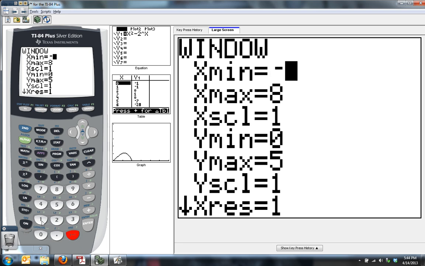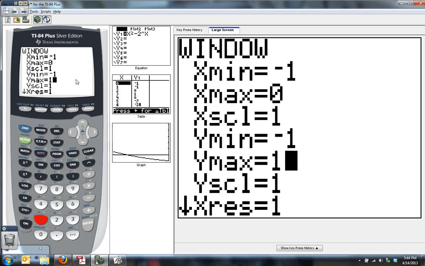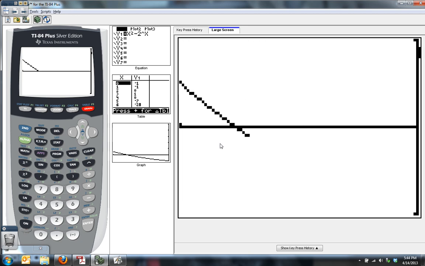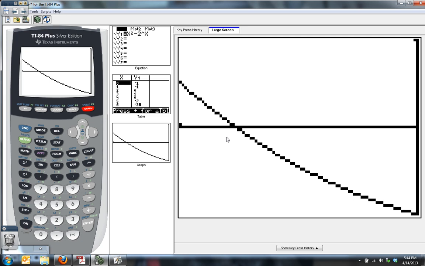We could see that it was around -1, so I'm going to say -1 to 0, right? And I only want to see from -1 to 1, because I just want to see right around the x-axis, right? And so we graph, and we can see that's the 0 we care about right there, right?